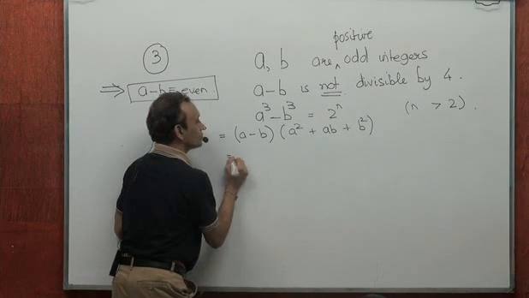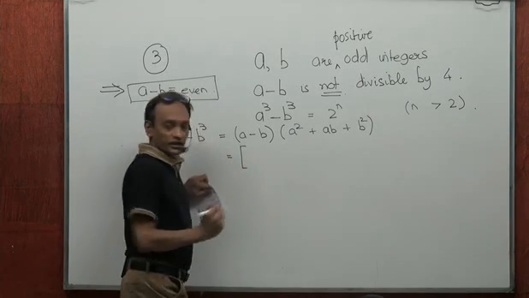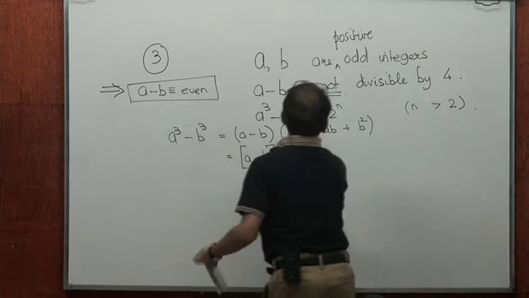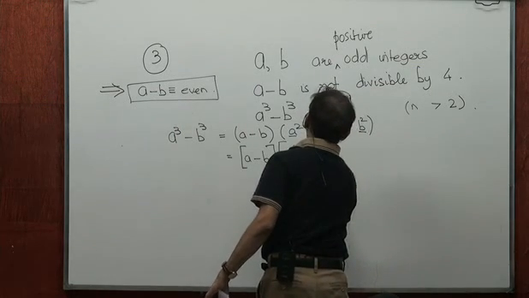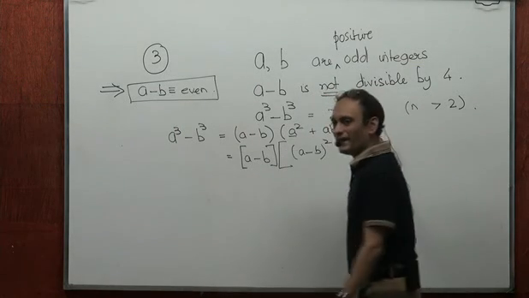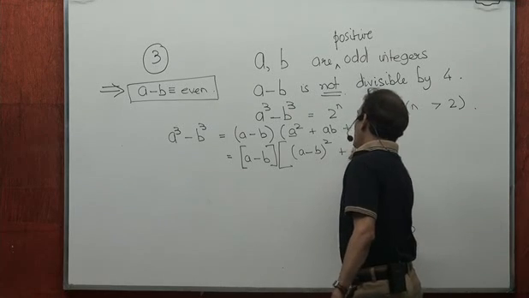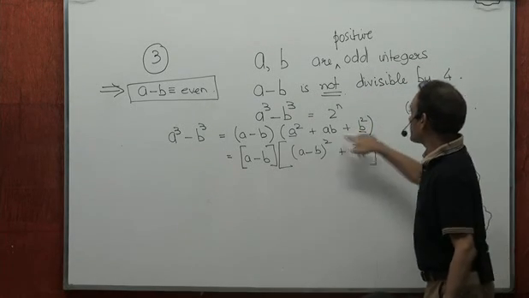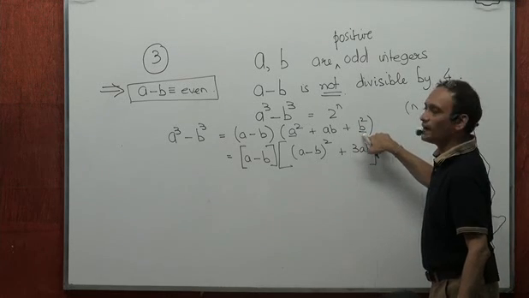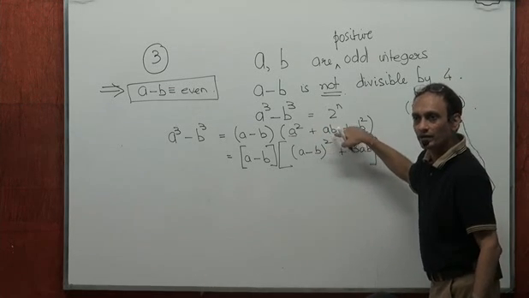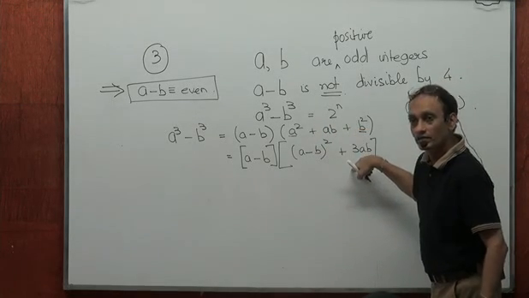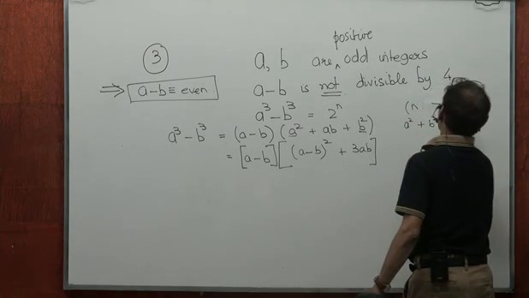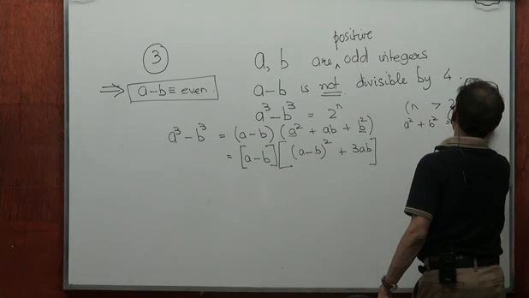Now, you really think it will be even? Let's see. Supreet, this a square plus b square I can write as a minus b whole squared plus 2ab, and plus ab, that makes it 3ab.